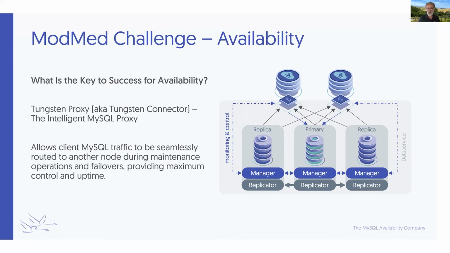For example, when the primary fails, the connector holds all the incoming traffic for however many seconds are needed, and the manager coordinates with the connector and makes the changes on the cluster. When the new primary has been promoted, the connector releases the traffic again. From an application point of view, it has been a seamless recovery from the failover event.